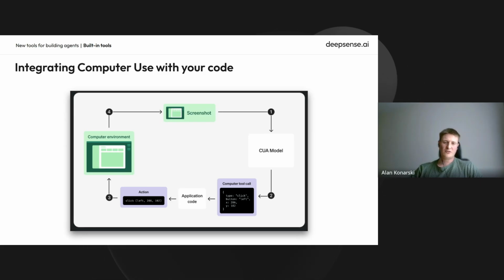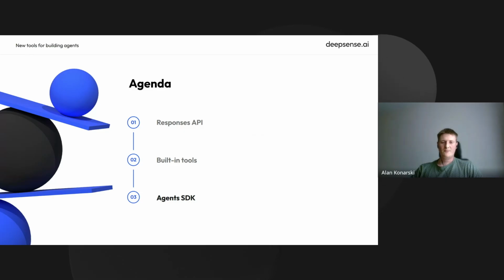And you do it over and over until the goal is achieved. So you send the screenshot, the model suggests the action, you take the action, take a new screenshot, and so on until the goal is achieved. And this was the last of the built-in tools.